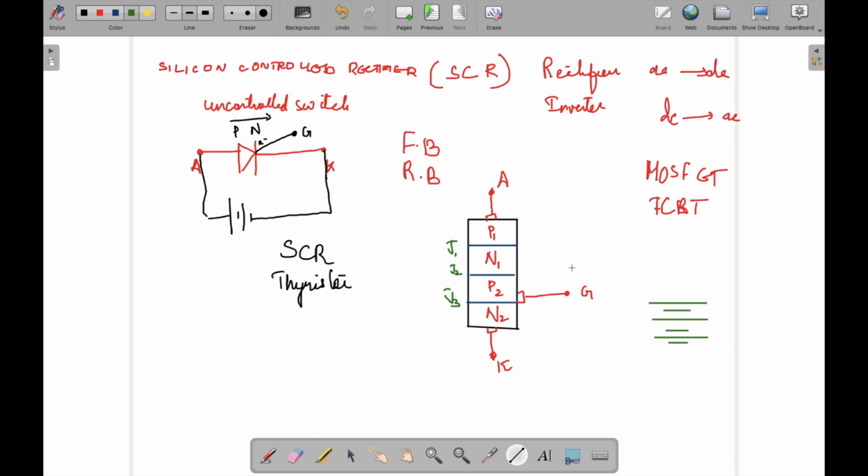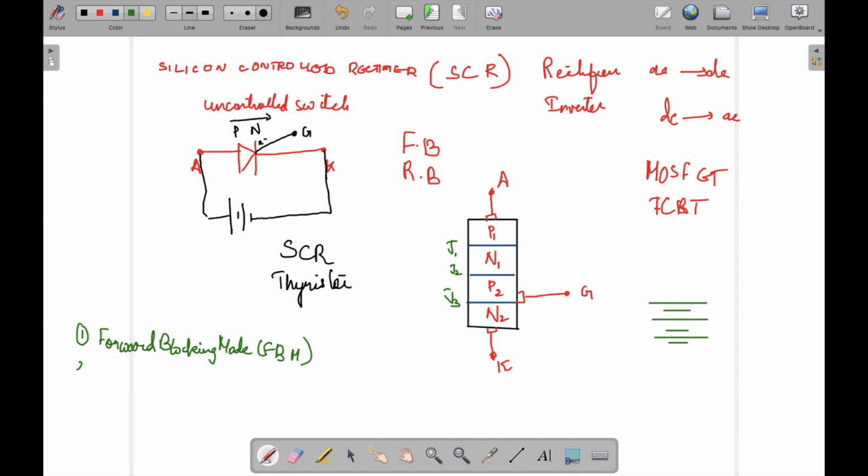When we look at the modes of operation of an SCR, it has three modes of operation. The first mode is called the forward blocking mode, or FBM.